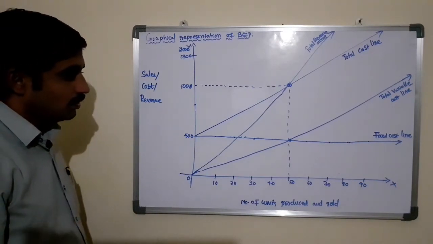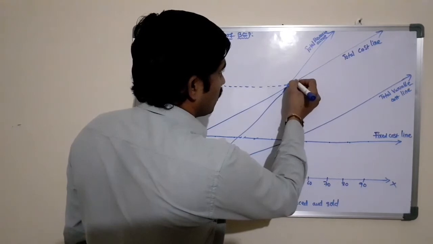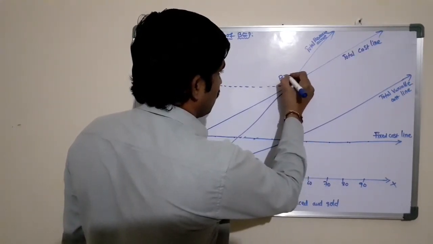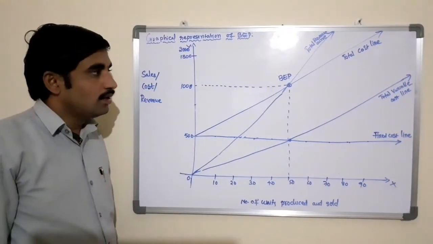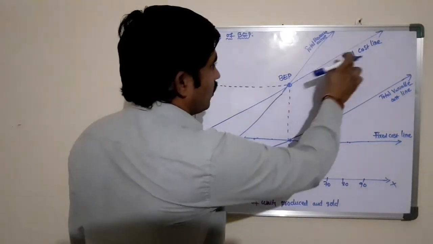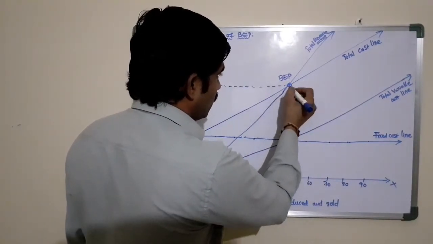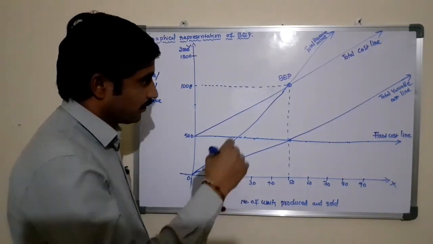The point where the total revenue curve intersects the total cost curve from below is called the break-even point.